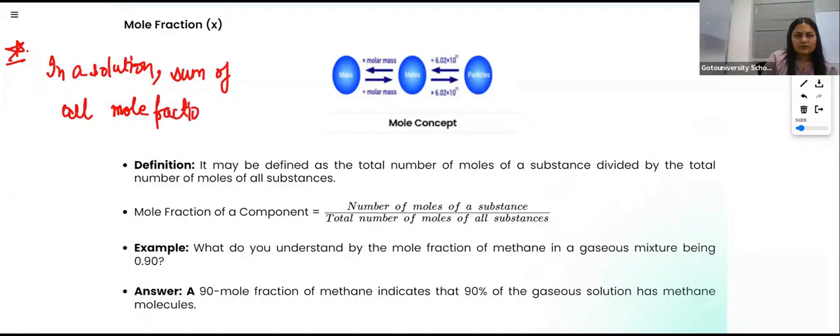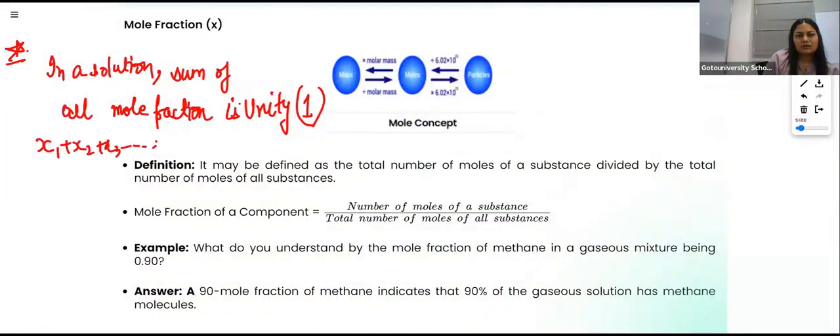This is a very important point, and this will be used in the upcoming numericals. In a solution, sum of all mole fractions is unity, that is 1. That means sum of all mole fractions, denoted by x, say x1 plus x2 plus x3, and so on, xi, will be equal to unity. Alright, this is an important point to note.